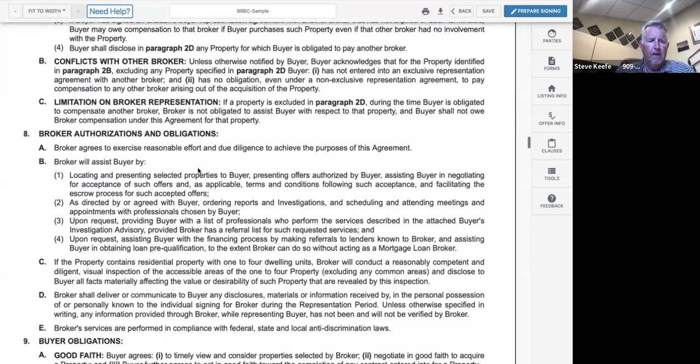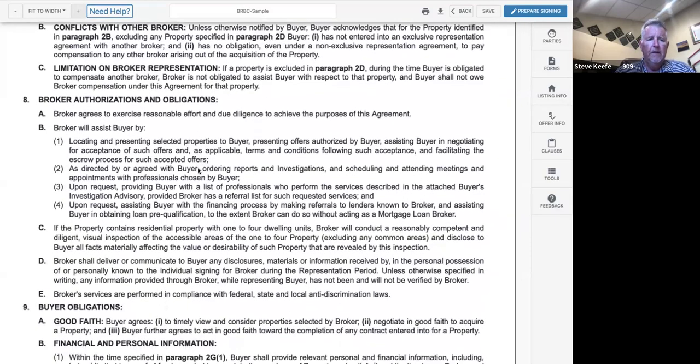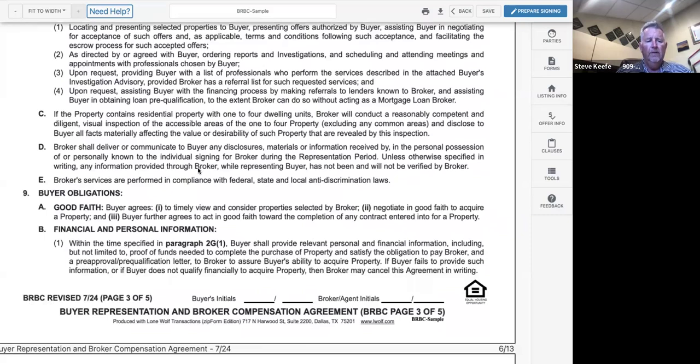Broker's authorizations and obligations. This talks about all the things that the broker is obligated to do, what they are to help the buyer with. I'd recommend that you read through this and just have an understanding, but it's all the stuff that you would normally be accustomed to doing. Buyer obligation. There are fewer buyer obligations, but one is good faith.